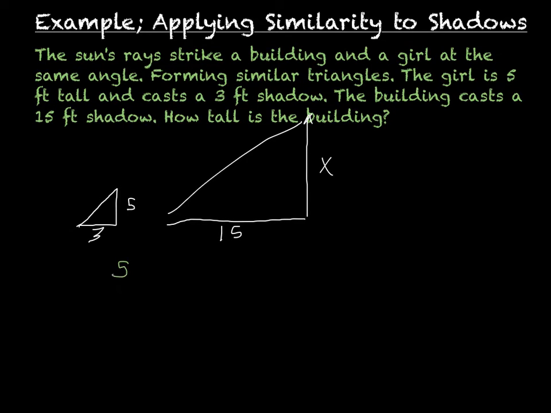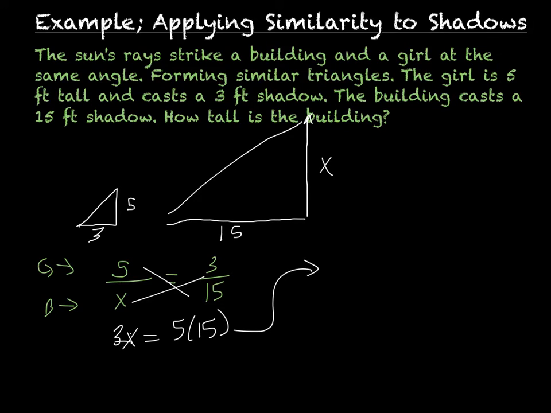So we have 5 over X equals 3 over 15. I have the girl triangle on the top, and then the building triangle on the bottom, and I made sure that the corresponding parts were lined up. Okay, so I'm going to cross multiply, giving me 3 times x equals 5 times 15.